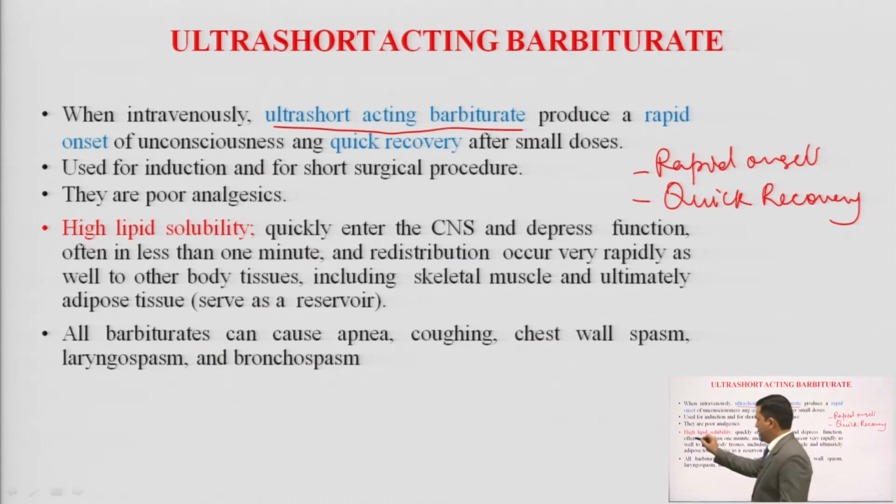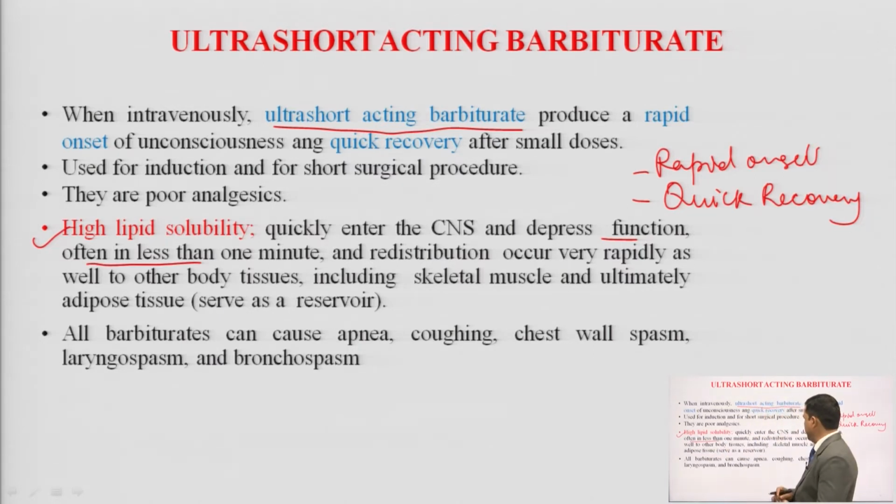Next is high lipid solubility. The partition coefficient should be high, so that it will cross the blood brain barrier. The log P and lipophilicity should be high, so it crosses the blood brain barrier, quickly enters the central nervous system and depresses its function, often in less than 1 minute.